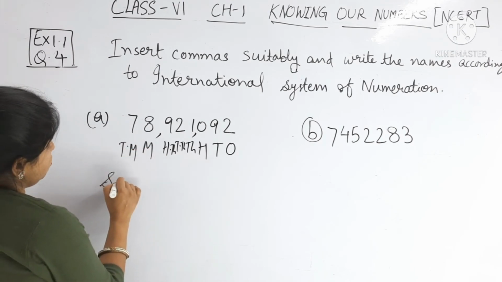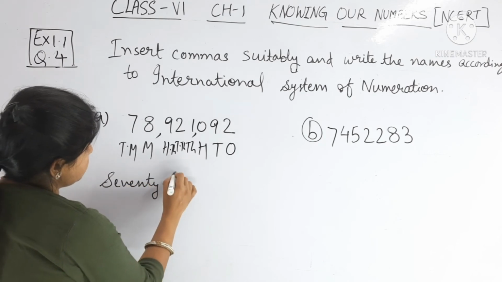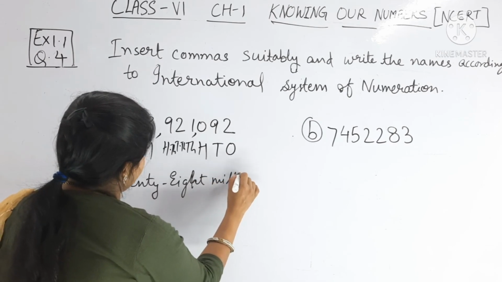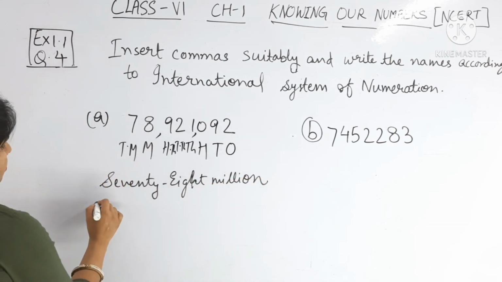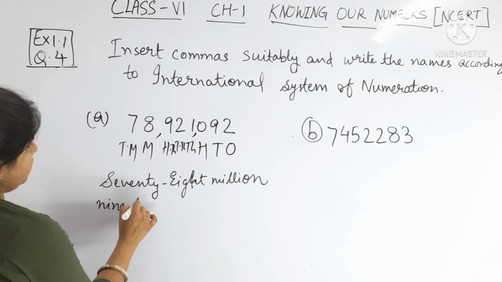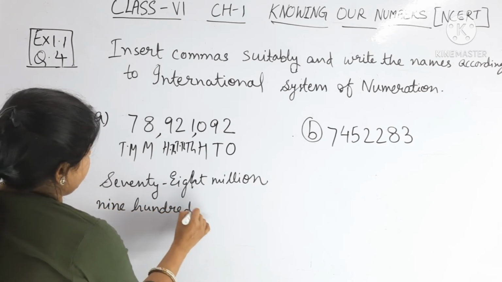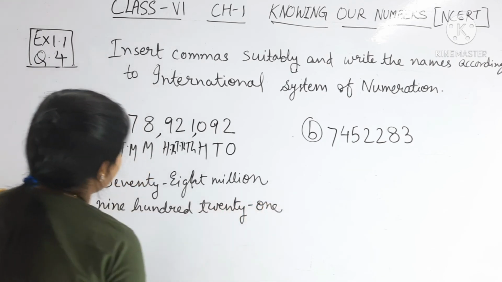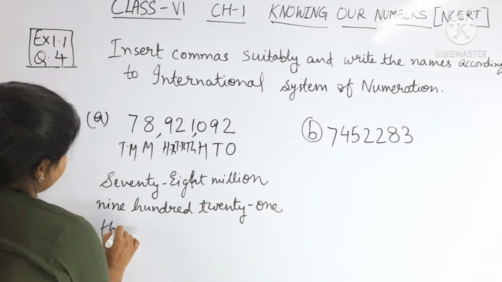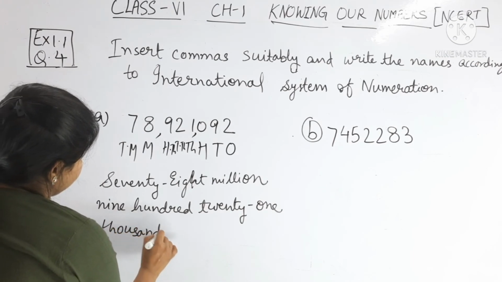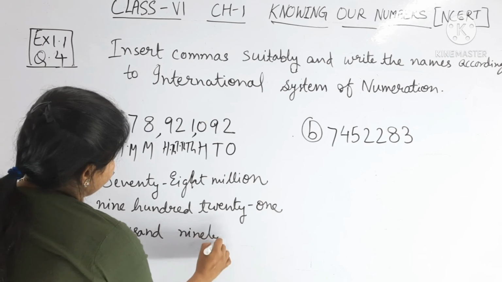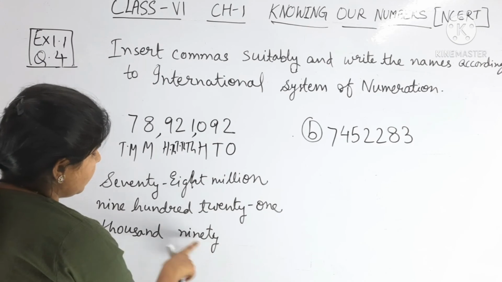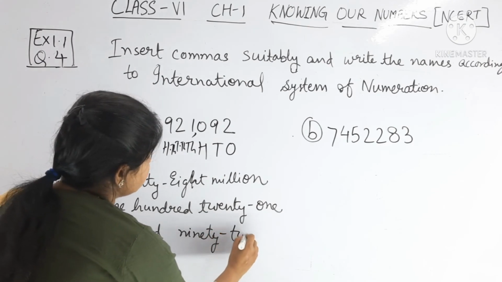So you can write here the number name as 78 million 921,092, because here in hundreds place it is 0, so we are writing directly 92.